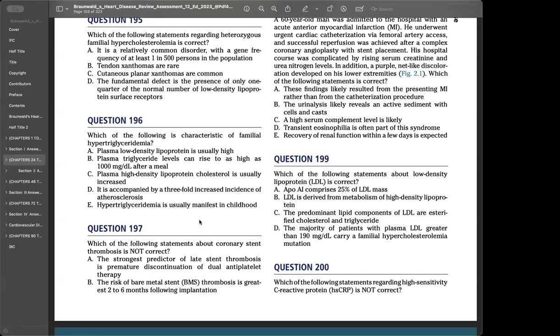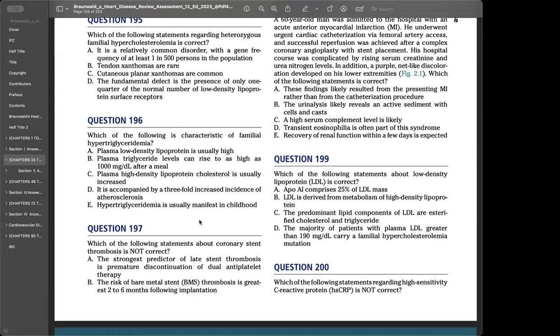It is usually prevented by combining a P2Y12 receptor antagonist like clopidogrel, prasugrel, or ticagrelor, and aspirin. The risk of thrombosis is greatest within the first month after implant.